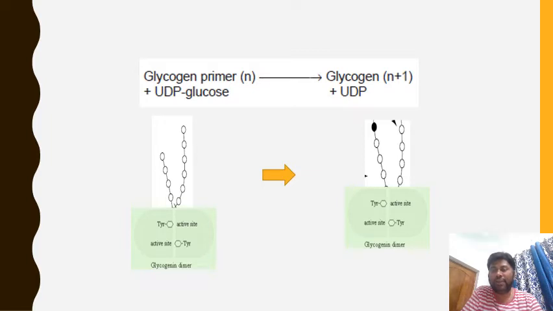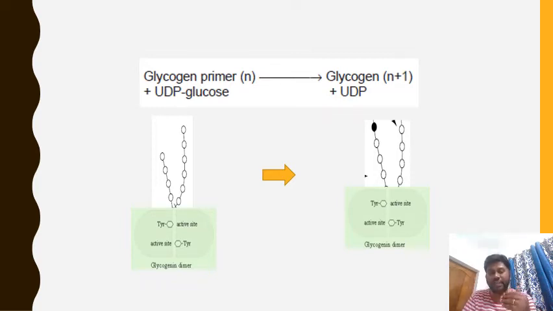The glucose residues are increased by 1 and UDP is released. So this is how initiation of glycogen synthesis starts. Initiation is nothing but the addition of the first glucose residue to the already existing glucose residues of the glycogenin primer.